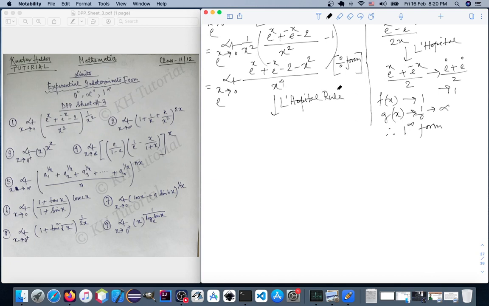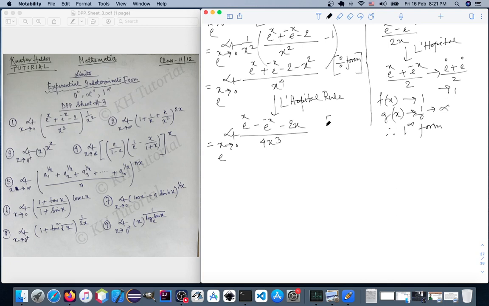After applying L'Hopital's rule, we get e to the power limit x tending to 0, (e to the power x minus e to the power minus x minus 2x) by 4x cube.